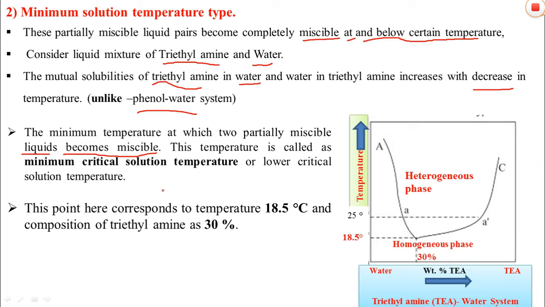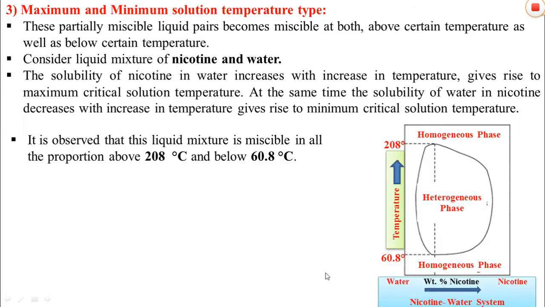The point of minimum critical solution temperature corresponds to 18.5 degrees Celsius. At that time, the composition of triethylamine in water is 30%. In this diagram, we can see under the curve AC the system is heterogeneous, and below this curve the liquid mixture is homogeneous.